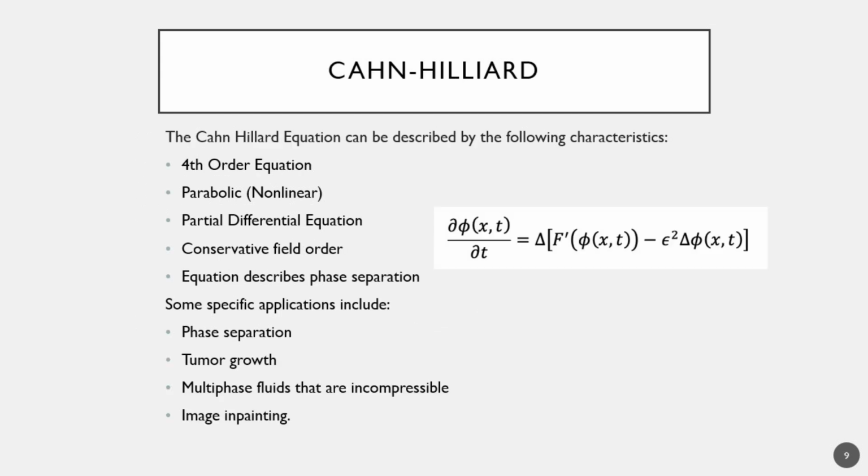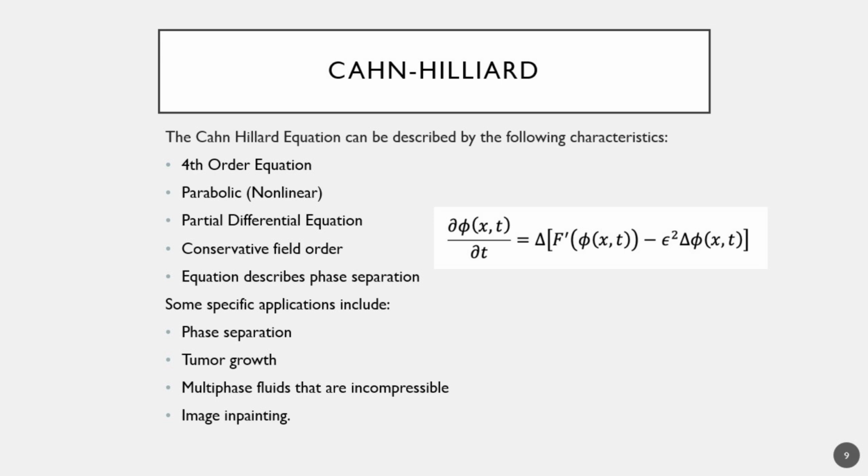Next, the Kahn-Hillard equation. We can look at some of the characteristics that define this particular equation. It is a fourth-order equation, unlike the Allen-Kahn, which is a second-order equation. Similarly to the Allen-Kahn equation, it's parabolic, meaning it is also nonlinear. It is also a partial differential equation.